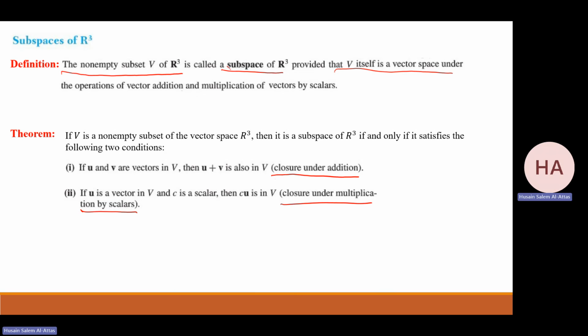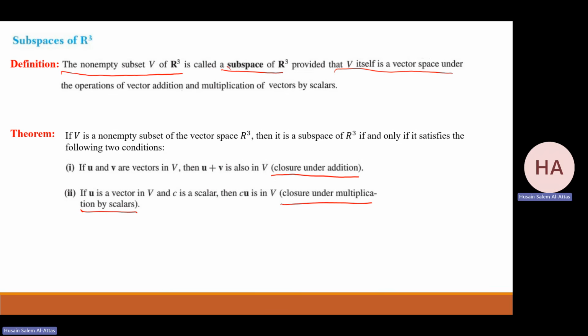So what I will do, I will take 2 vectors in that subset and see if I add these 2 vectors, am I still in the same set or not? And the same thing, if I take a generic vector, multiply by a constant, and see if C times U means that I am still in the subset or not.